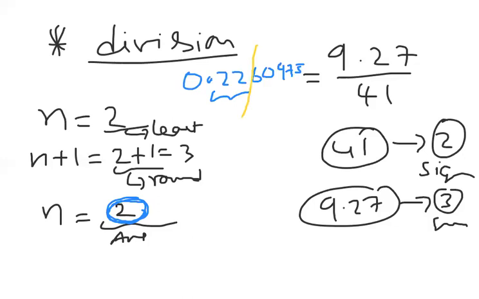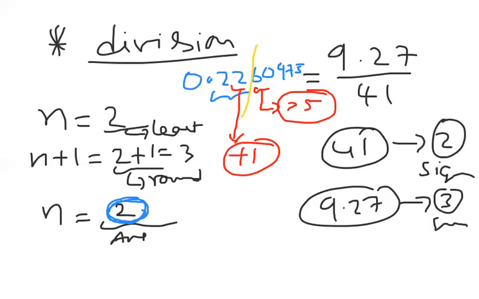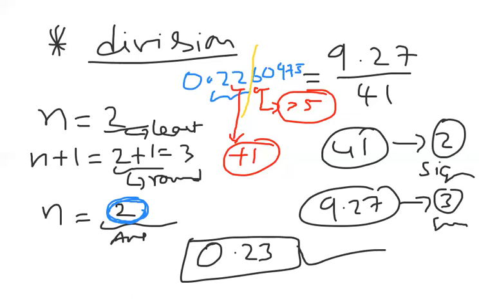Here I found 6, which is greater than 5. By the greater than 5 rule, the previous number is raised by 1 unit. So our final answer is 0.23. I hope it is clear how we handle this.